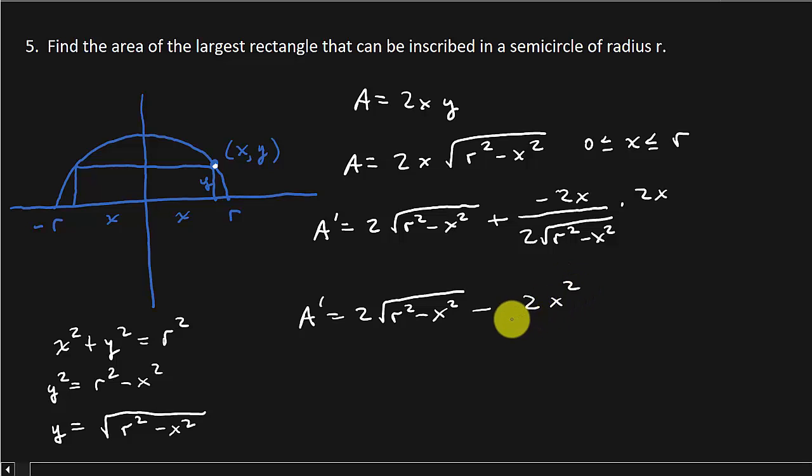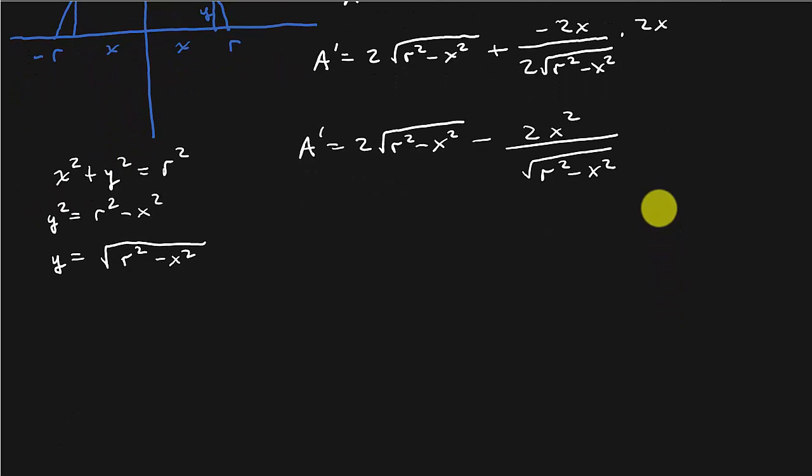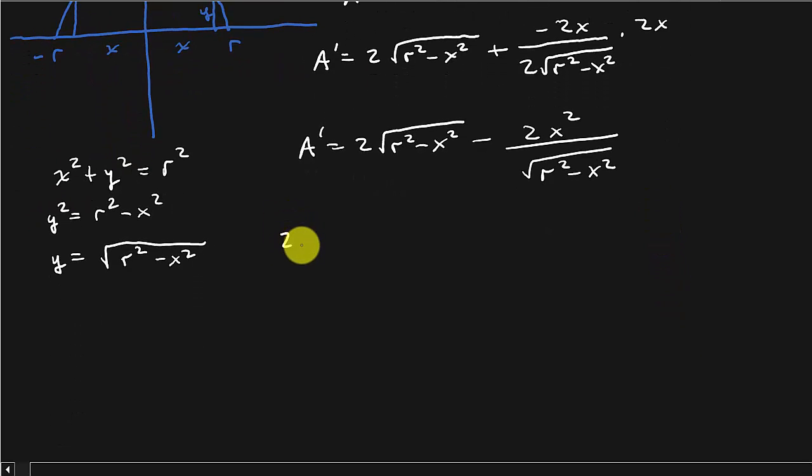Is that 2x squared over the square root of r squared minus x squared. All right, so now let's set this thing equal to 0. So I'm going to get 2 square root r squared minus x squared minus 2x squared over the square root of r squared minus x squared equals 0.